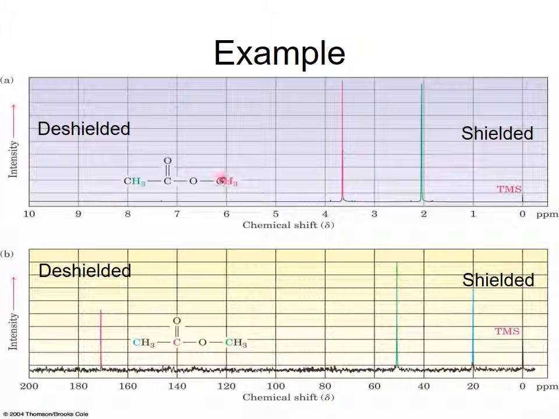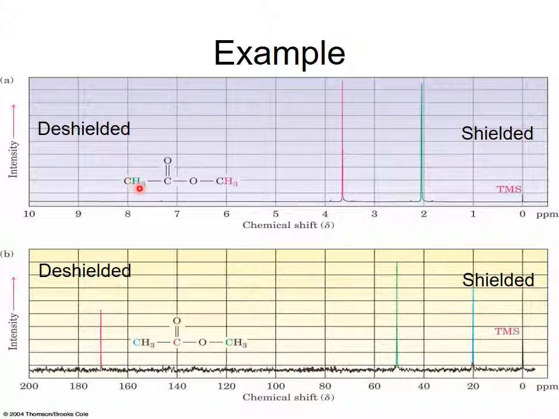This set of protons is directly attached to an oxygen that's electron withdrawing, and it pulls the electrons away. And so because it has an electron withdrawing group on it, it deshields it and pulls its absorbance farther down the field. And we say it's downfield or deshielded.